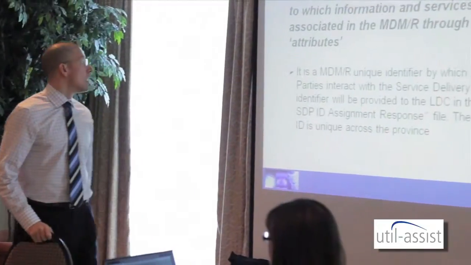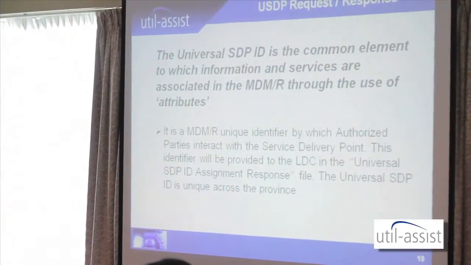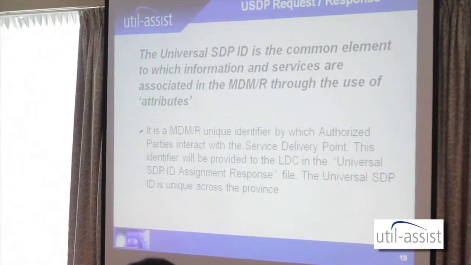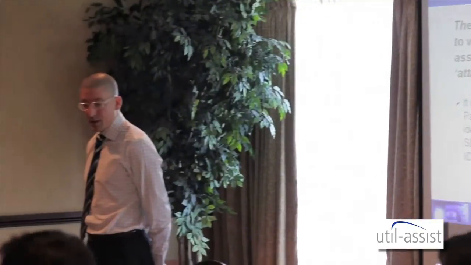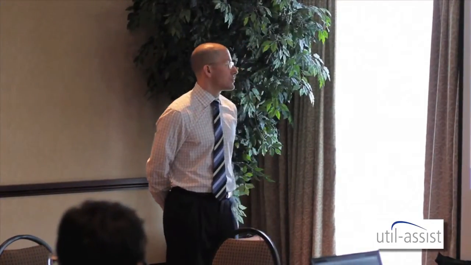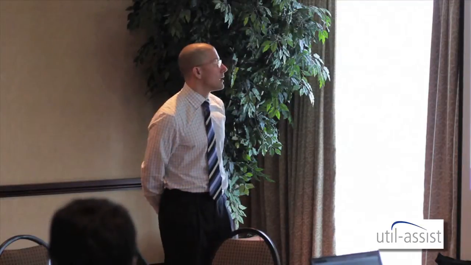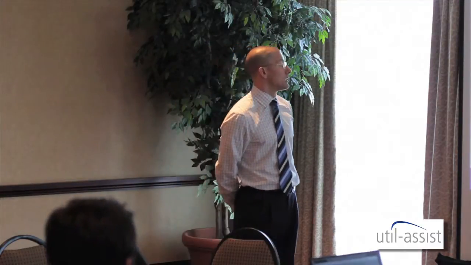So the USDP is the common element to which information and services are associated in the MDMR through the use of attributes. You will provide an SDP ID and get back a USDP ID. The Universal Service Delivery Point is a provincially unique identifier, and that's how they will associate all the attributes that you provide them for your SDP IDs.